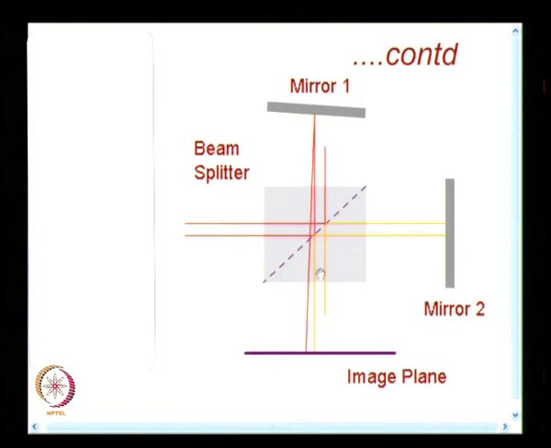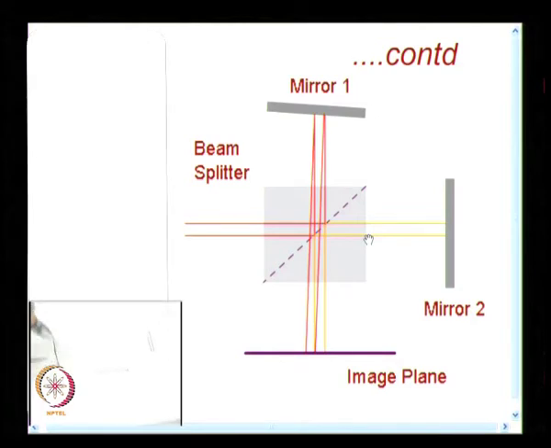So, I get one ray from the mirror 2 and I get another ray from mirror 1. You make a sketch of it, I will repeat the animation again for you to understand how you perceive this, and because of the shearing action you essentially measure the slope. You measure the slope essentially.